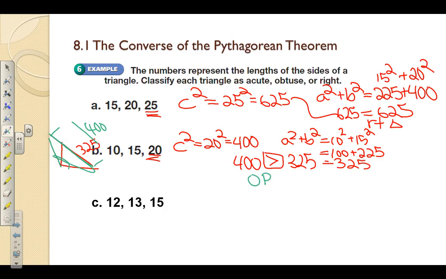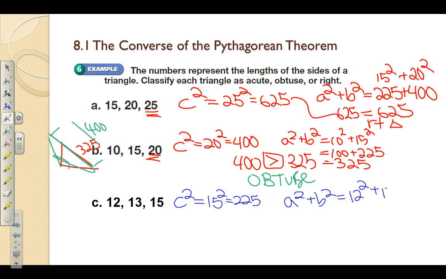C squared is greater than a squared plus b squared. And then finally, I'm going to do part C just to demonstrate. C squared, clearly it's going to be acute, because why would I do two of the others? 15 squared is 225, and then a squared plus b squared is going to be 12 squared plus 13 squared, so 144 plus 169.